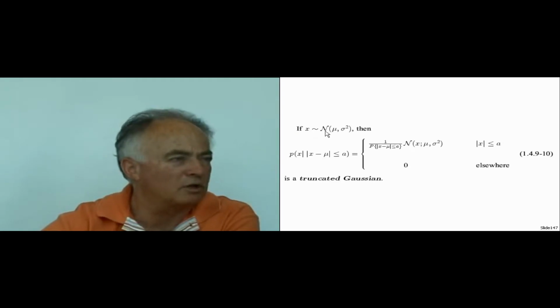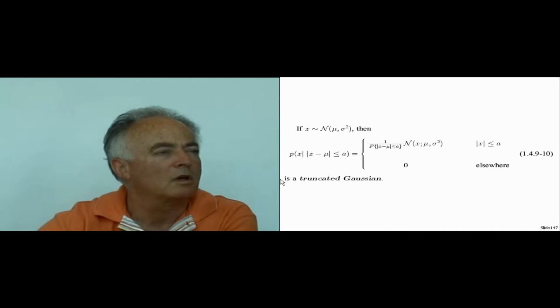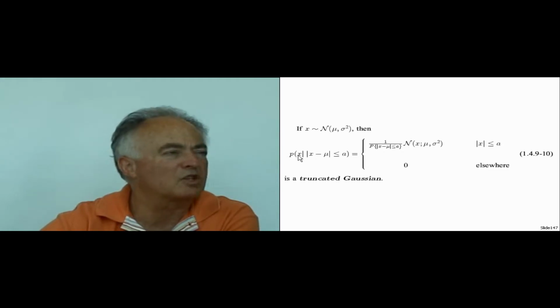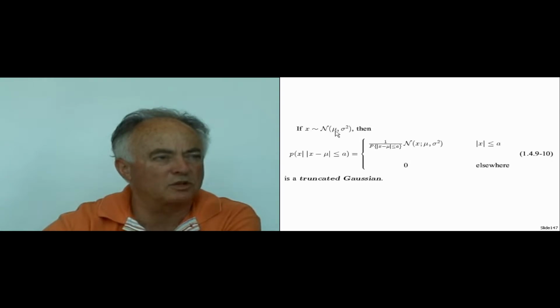Now, if x is Gaussian with mean mu and variance sigma squared, we can write the PDF of x given that magnitude x minus mu is less than or equal to the number a as a truncated version of this original Gaussian density, which is written out in full as N with argument x, mean mu, variance sigma squared, as long as x minus mu is in magnitude less than or equal to a, and divided by the probability of magnitude x minus mu less than or equal to a.